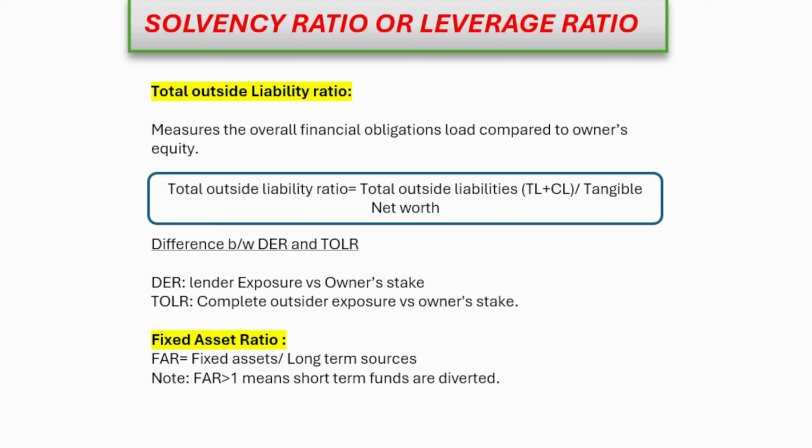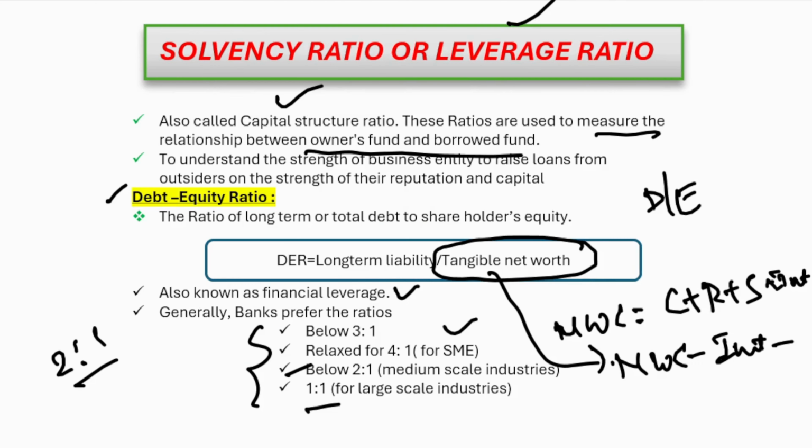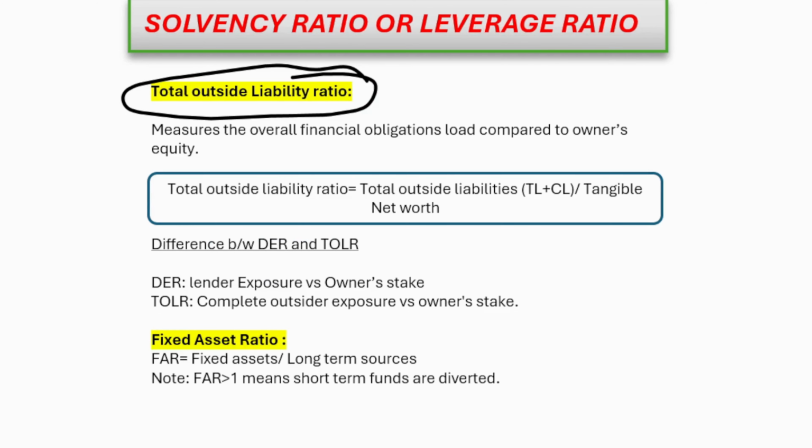And one more ratio is the total outside liability ratio. This is the most important ratio. It is total outside liabilities by tangible net worth. Debt equity ratio and total outside liability ratio are almost the same, but the small difference is what? Debt equity ratio deals with long-term liability, meaning lender exposure.